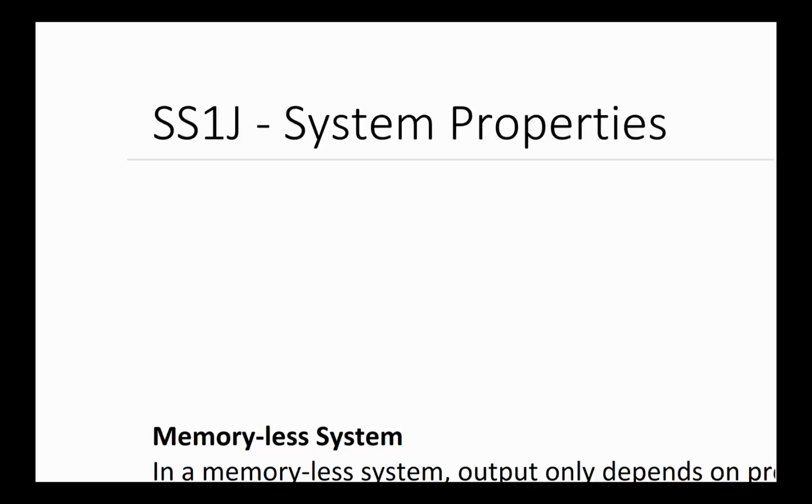Before we go too far, throughout this document, when we are talking about continuous time, we are talking about a system where the input is x of t and the output of the system is y of t.